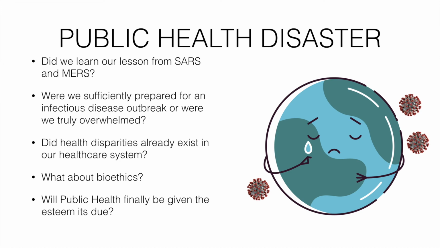So now we are going to talk about this public health disaster that we are now facing. Did we really learn our lesson from the SARS outbreak in 2002 and the MERS outbreak that is still somewhat endemic in the region that I talked about earlier?